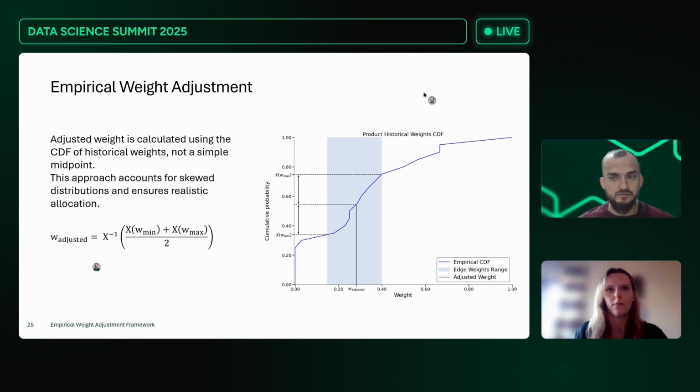So this approach takes into consideration the skewness of the weights that we can get from historical data, and also takes into consideration the error associated with the forecast on the higher hierarchy.